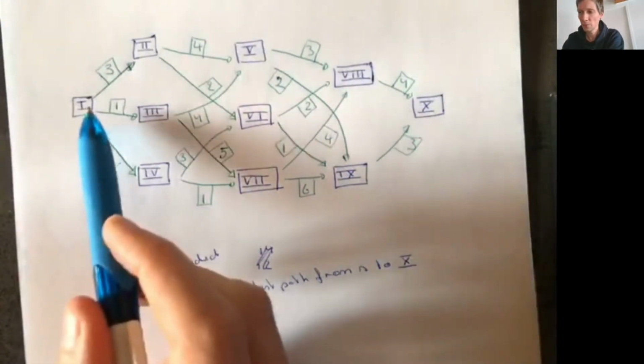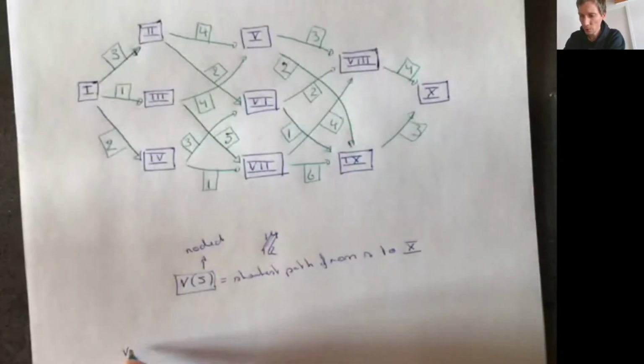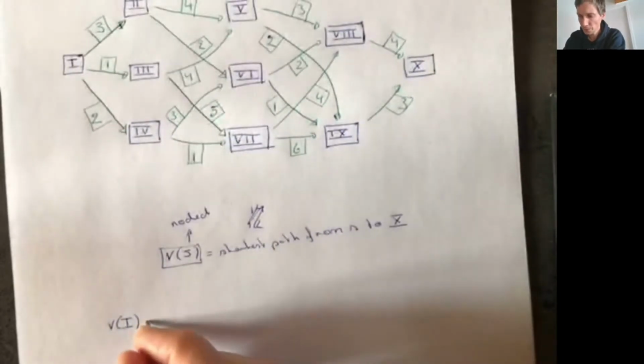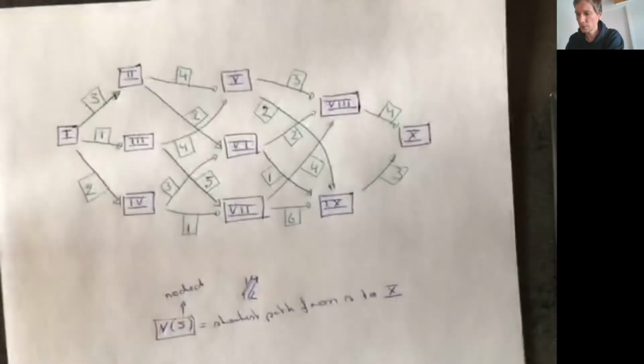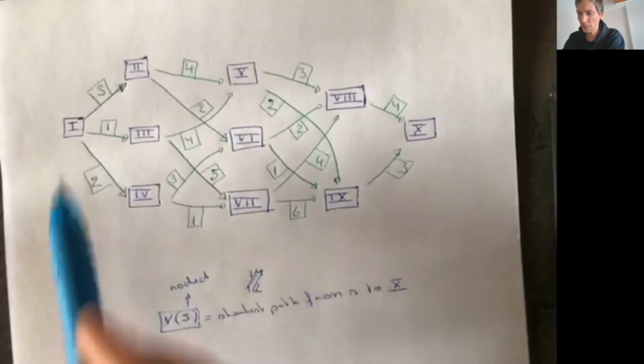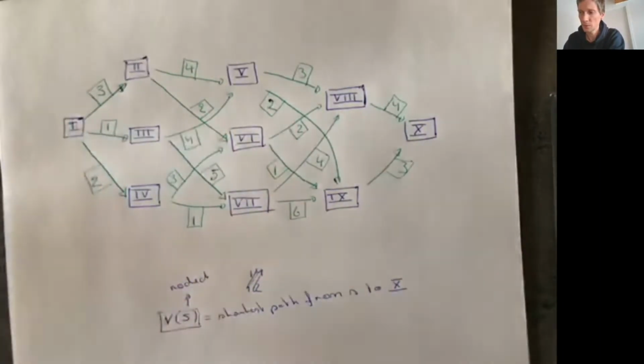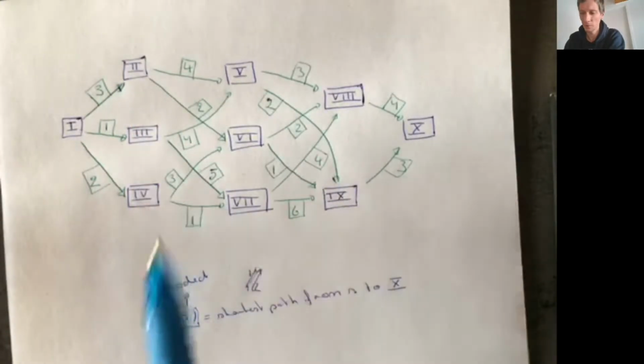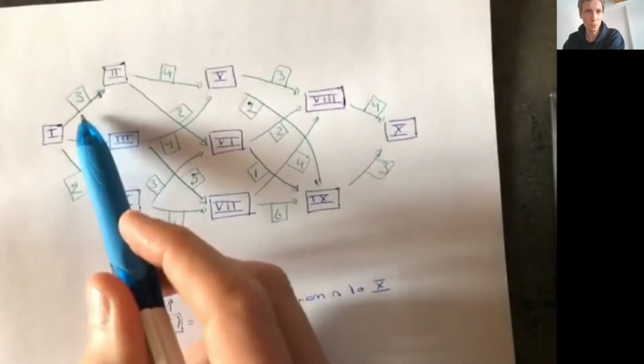So let's look at our problem. We would like to compute V of 1. I have no idea what it is, but basically, if I'm at 1, I can do 3 things. I can go to 2, I can go to 3, and I can go to 4. So if I go to 2, what do I have?